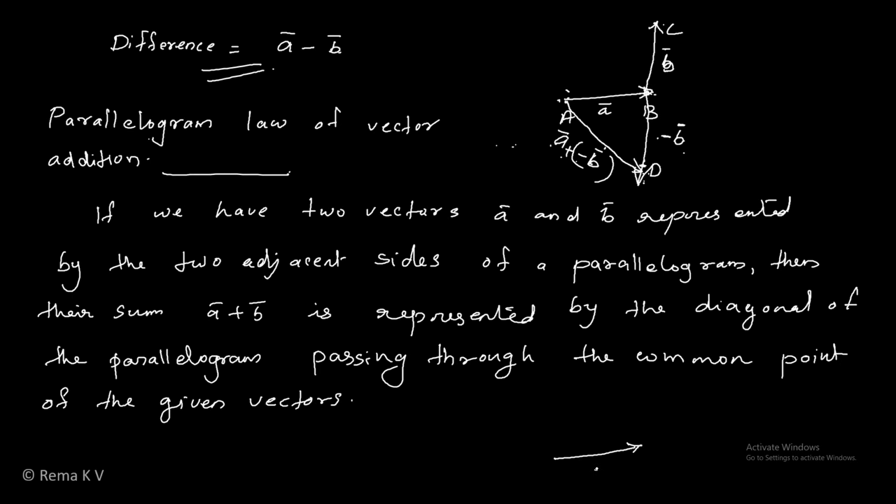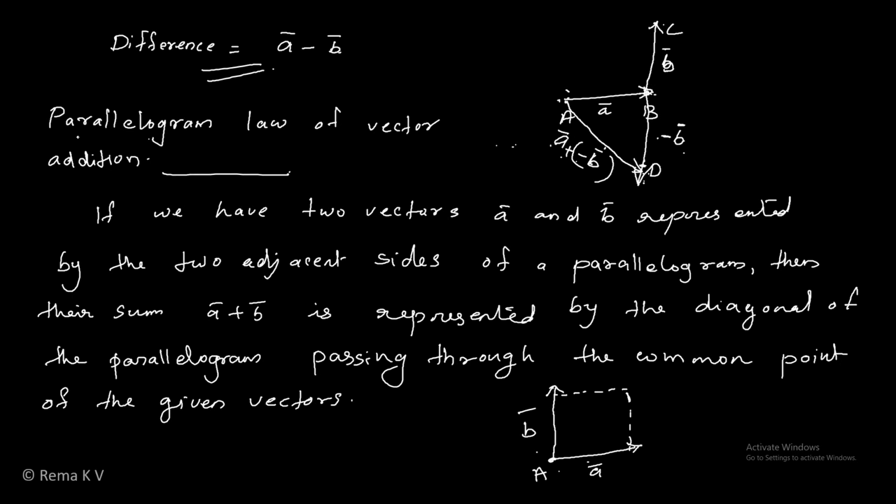So here this is vector A and another one vector B. So to complete this parallelogram, see here, these two vectors have the same initial point. Vector A and vector B have the same initial point. So the common point here is, let us take this as A.